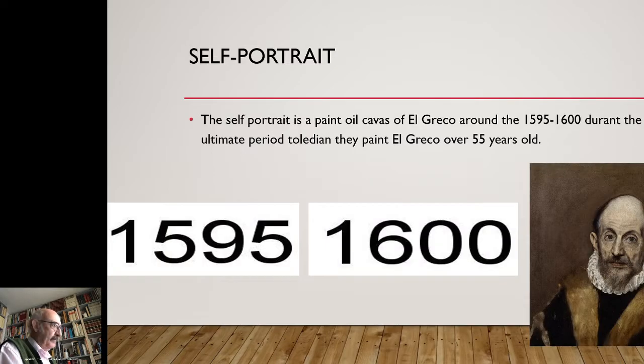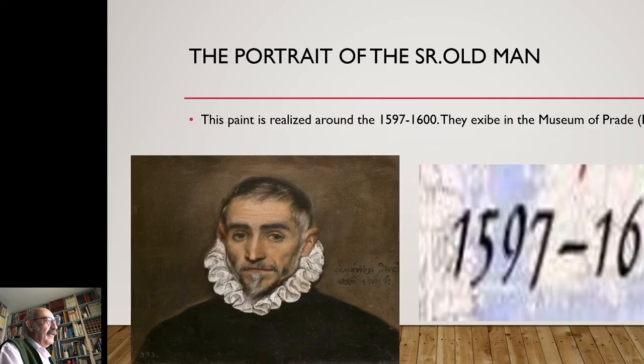Good. And this is a self-portrait, a selfie, a portrait of El Greco, and these are the dates of his birth. It was painted around these five years. This is another portrait.